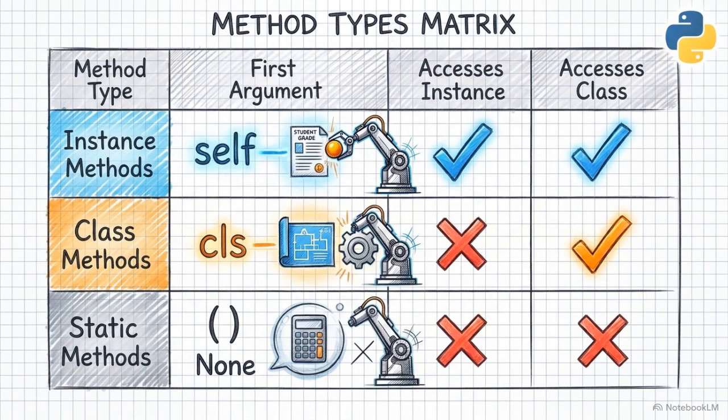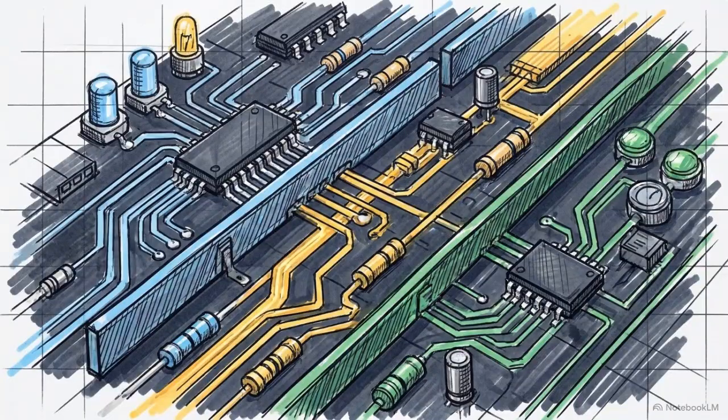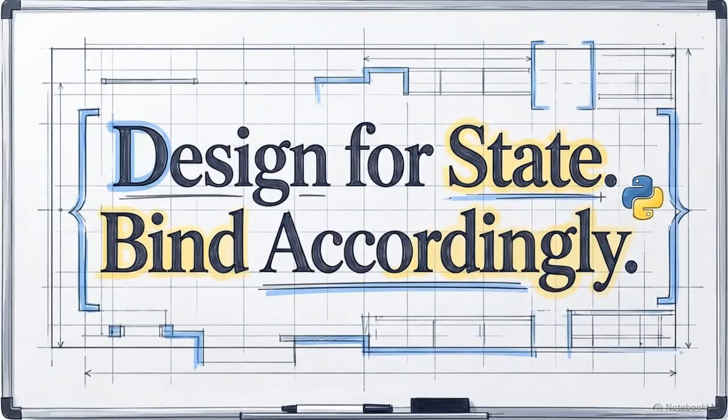Static methods are for utility functions that logically belong in the class but perform tasks without accessing instance or class variables. This approach to architecture ensures that every piece of data is routed and isolated with intention. By understanding the mechanics of implicit argument binding, you move past rote memorization toward intentional design, ensuring data is bound only where it is required.